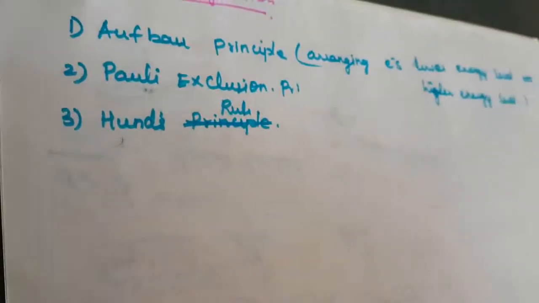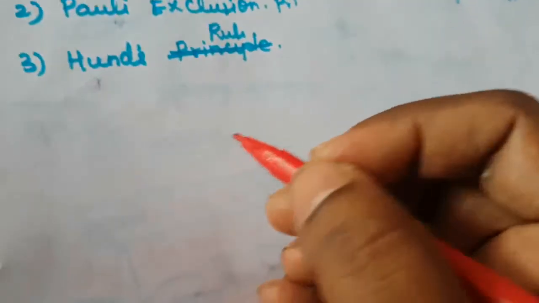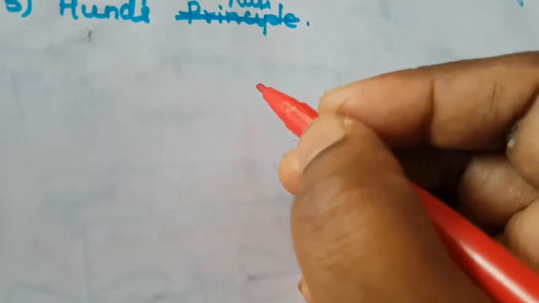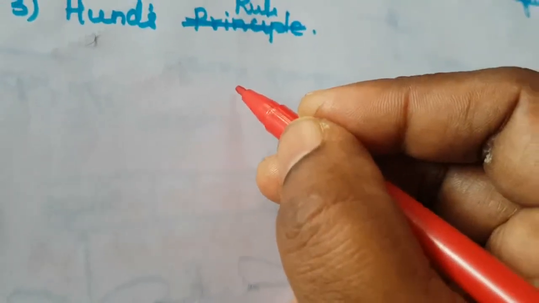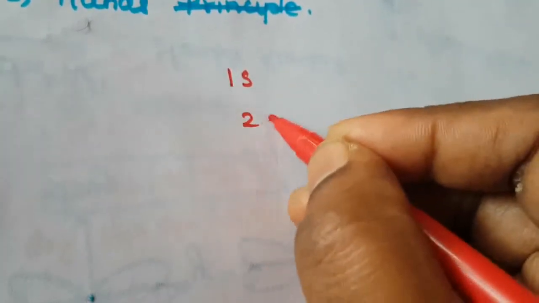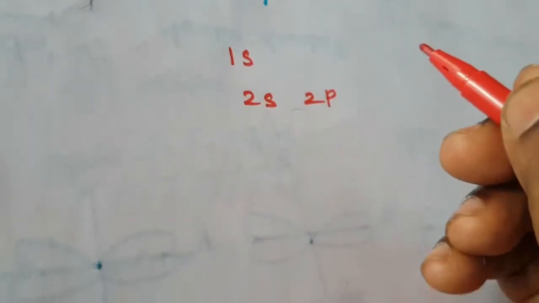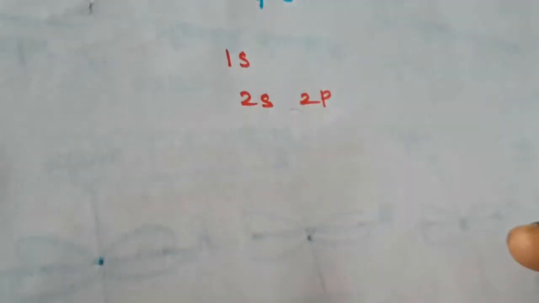So how to draw this one, how to understand it? You can write like this in your book, and it will be easy to write the electronic configuration using the Aufbau principle. This is 1s, then 2s, 2p. What are the orbitals? s orbital, p orbital and d orbital.